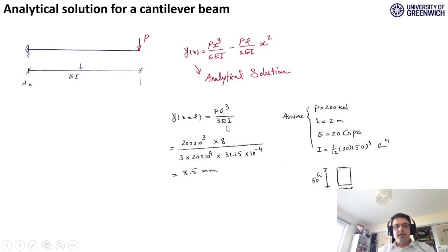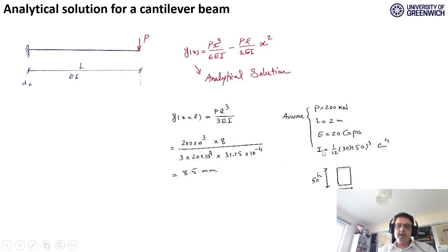this point, which is P times L³ over 3EI. So to start with ETABS, I need to assume some numeric values for my parameters. Here I assumed P equal to 200 kilonewton, L equal to 2 meter, and E equal to 20 gigapascal.